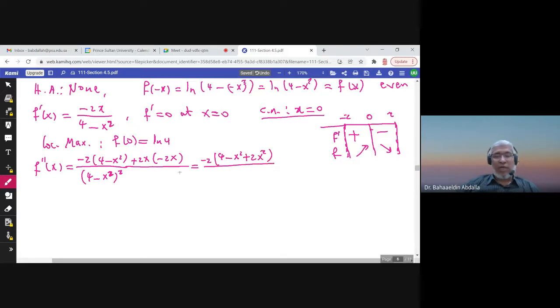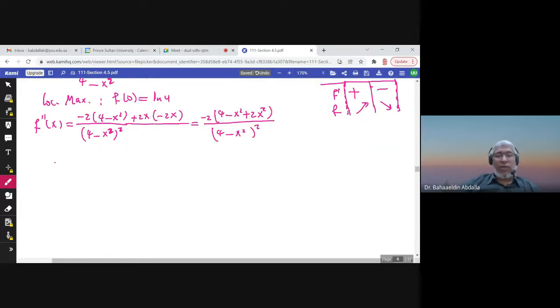If you want, you can expand as usual if you like doing that. So f double prime is actually negative 2 times (4 plus x squared). Well, x squared plus 4 is always positive, and negative 2 is negative.